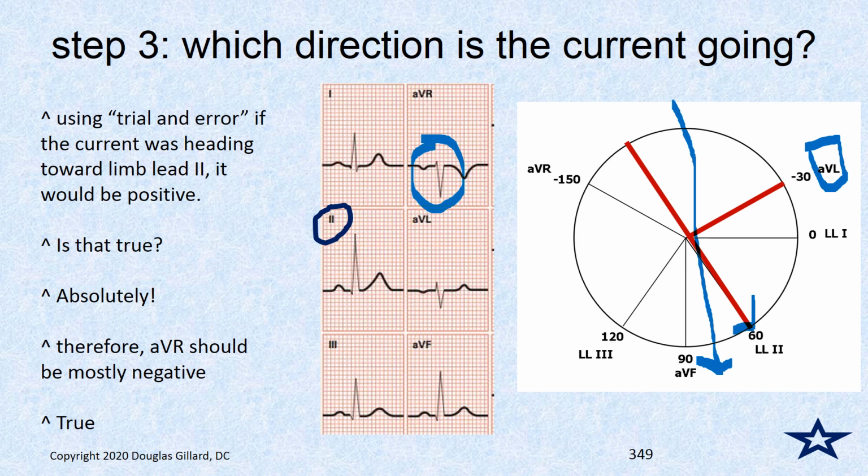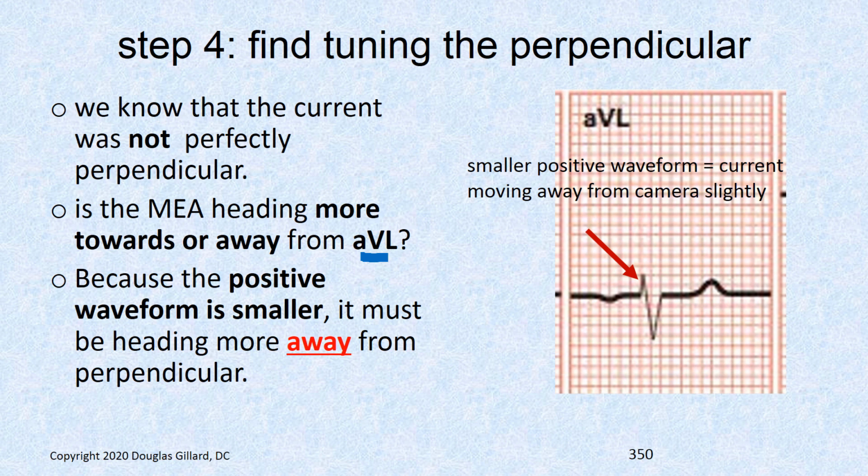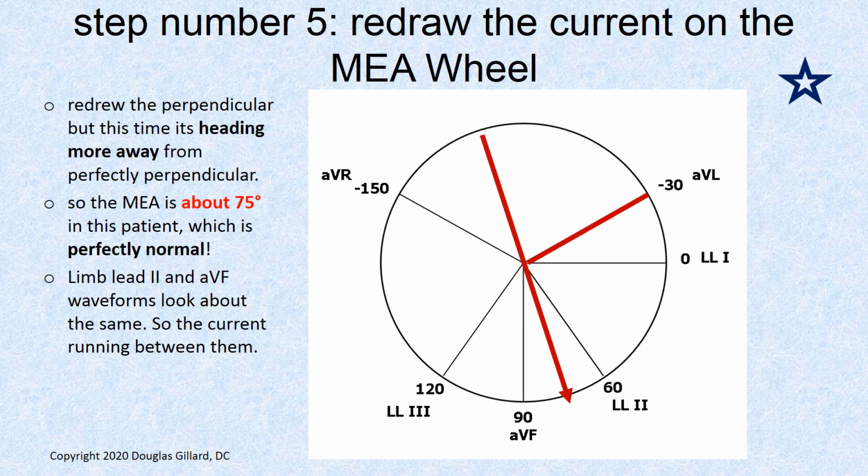Okay. And this, by the way, I think this is a drawing of a real tracing, just to make it easier for you to see. All right, so everything I said there, and then you just have to figure out what the degrees are. Well, if it's between 60 and 90 degrees, it's probably going to be like 75 degrees, right?